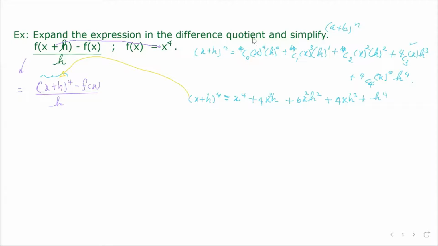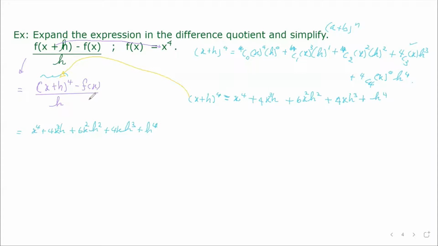So now we write down this one going to be x power 4 plus 4x power 3 h plus 6x power 2 h power 2 plus 4x h power 3 plus h power 4.